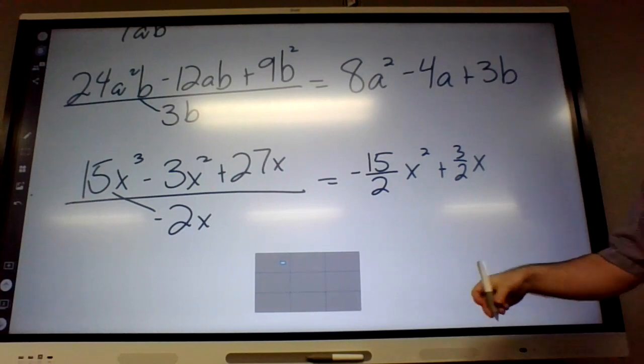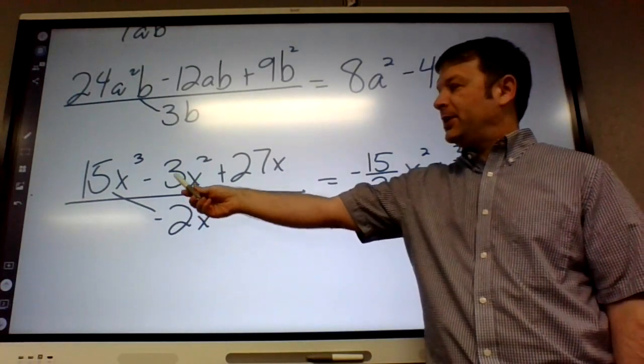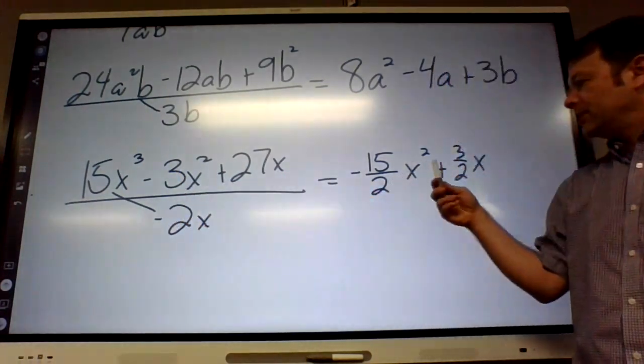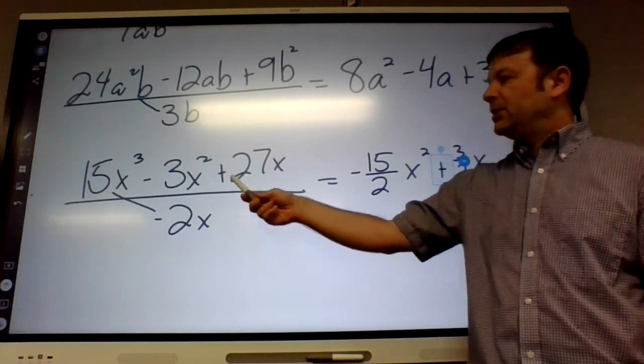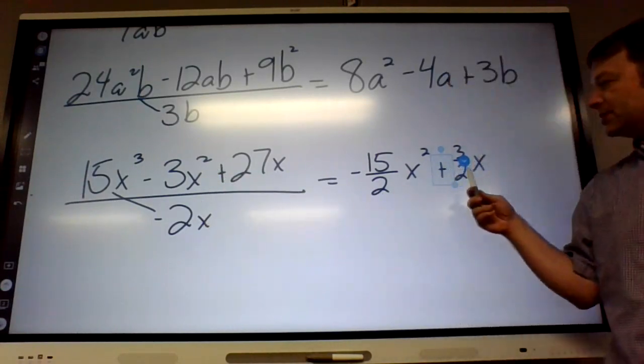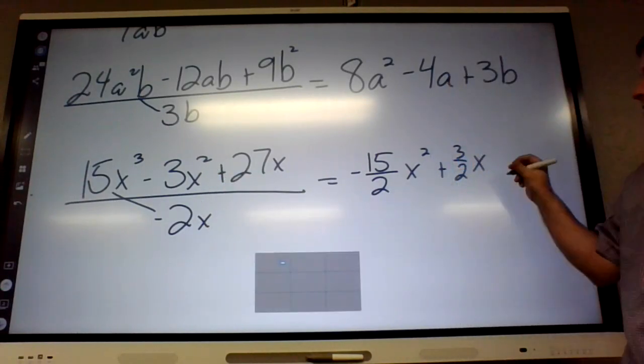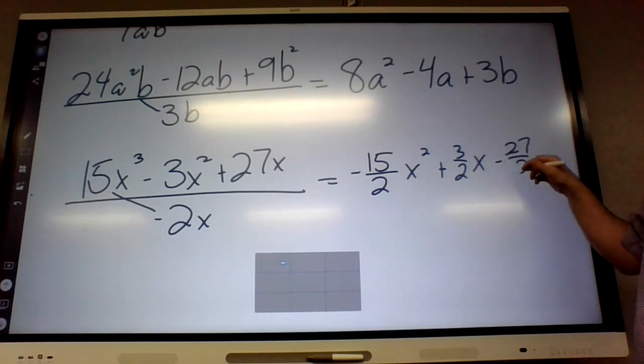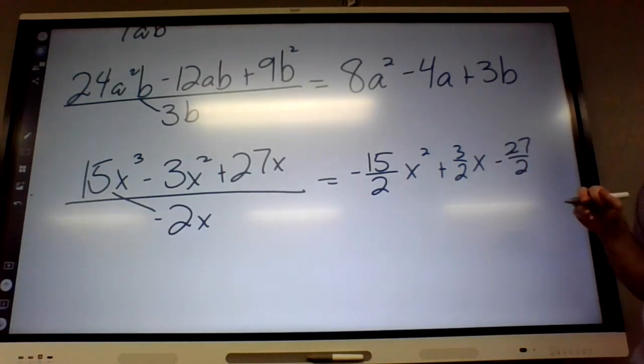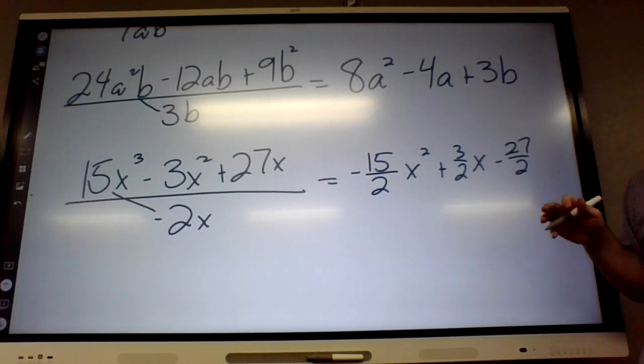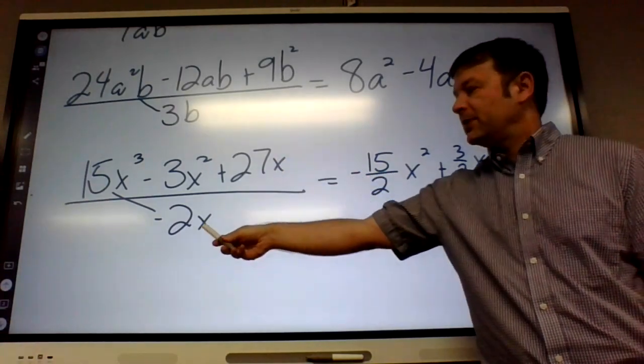Yep. So he just said 3 over 2. Negative divided by negative is positive, so I made it a plus. And then x squared divided by x is x. Yep. And the x's cancel out there.